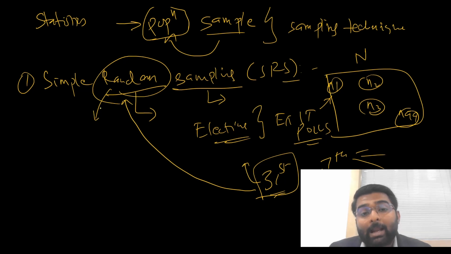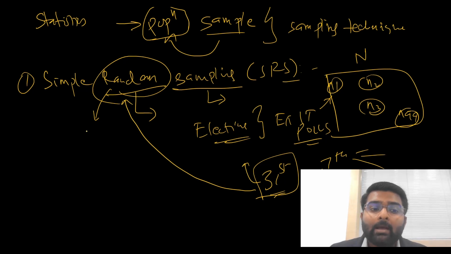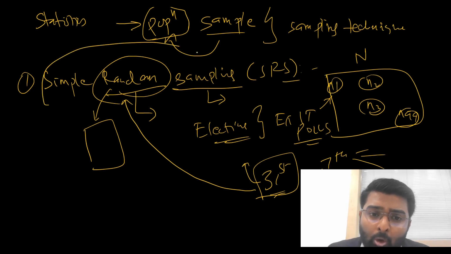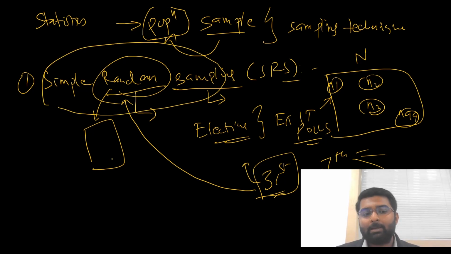They ask them questions like, what do you think, who will win? Who do you think will lose? Who do you think had the maximum impact in the last 5 years? They collect a number of samples, a sample of reviews. They deploy this technique of simple random sampling, and that is how we get exit polls.